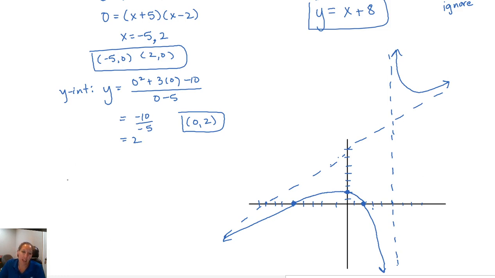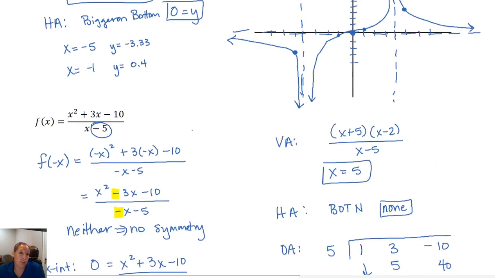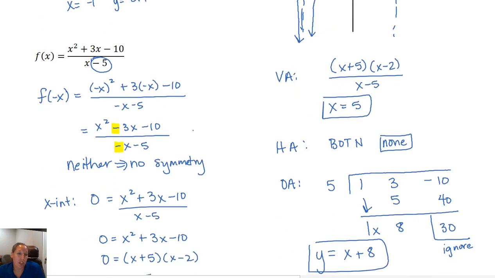So if we plug in, say, x equals 6 into our original function, we'll get 6 squared plus 3 times 6 minus 10, divided by 6 minus 5, which gives us 44.